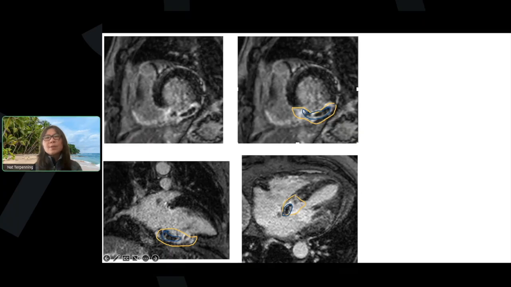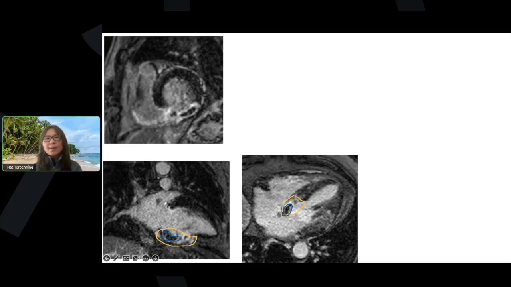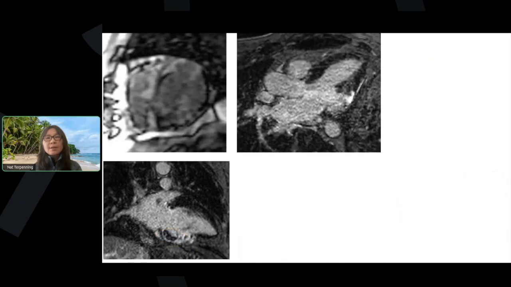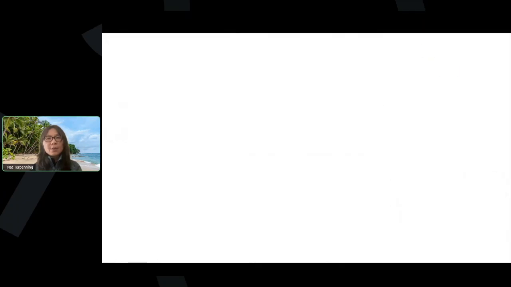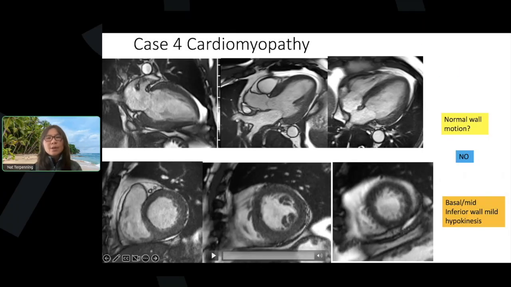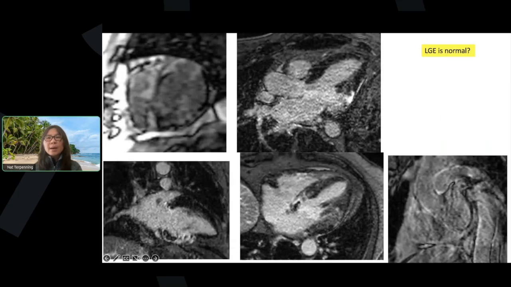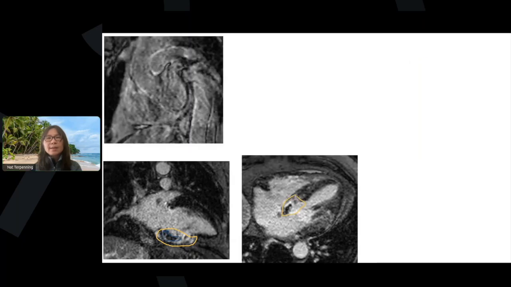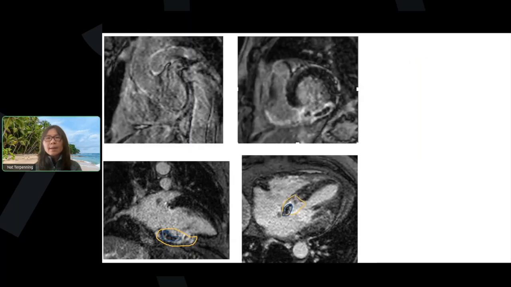If you look back at the four chamber here on non-contrast, let me go back. There's nothing there. It looks normal. So it means that the whole thing is the LV myocardium that has a problem. It's not thinning or anything here. Okay. So my question is, is this event acute or chronic?